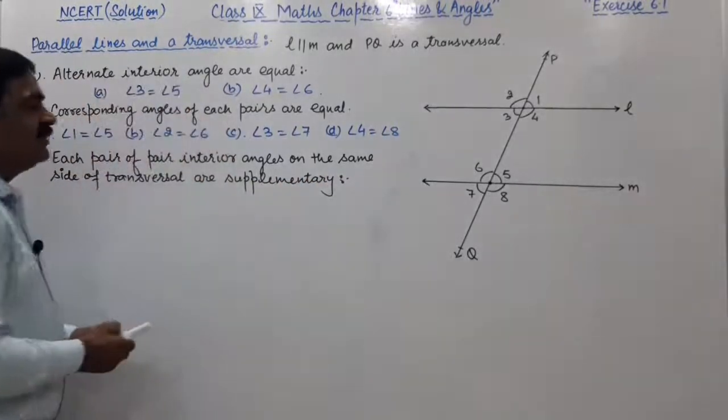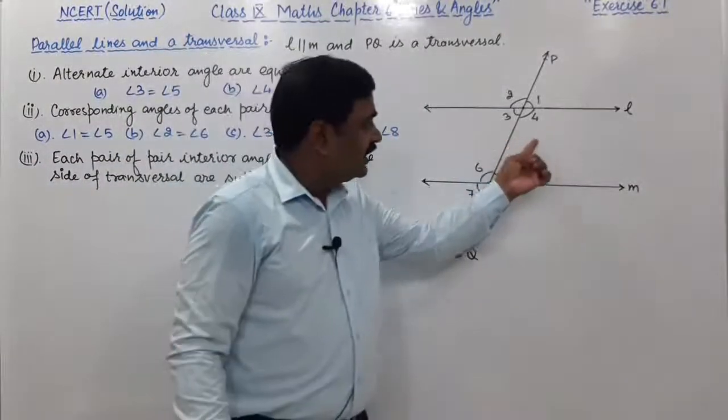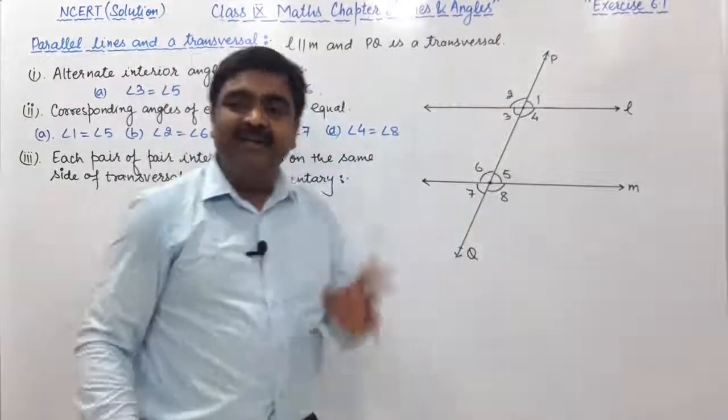Right friends, it means interior angles on the same side of transversal, angle 4 and angle 5, are supplementary, means sum of these two angles will be 180 degrees.